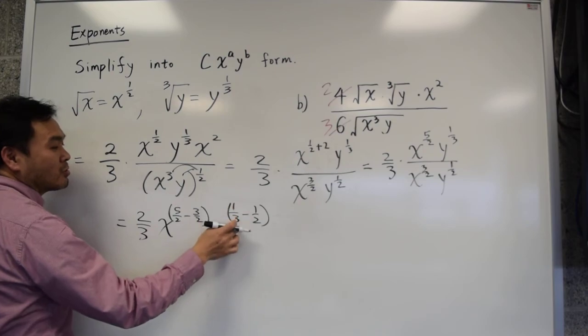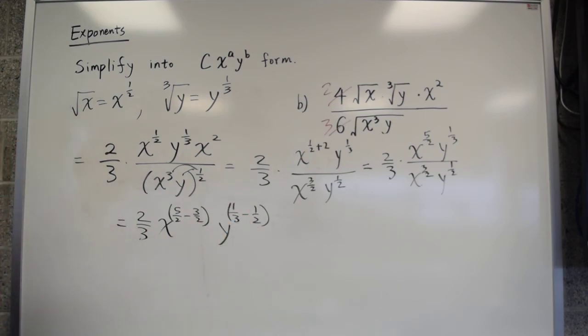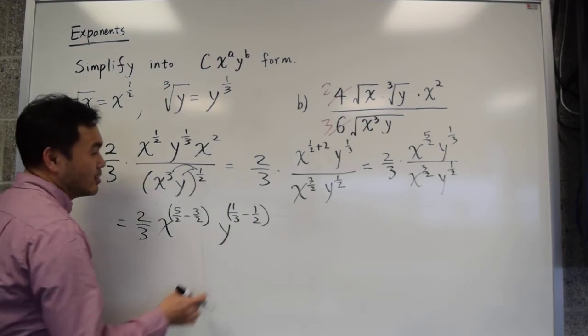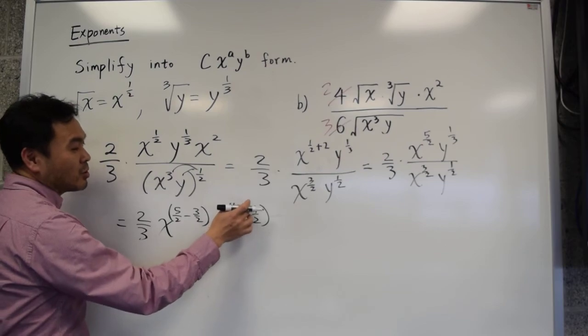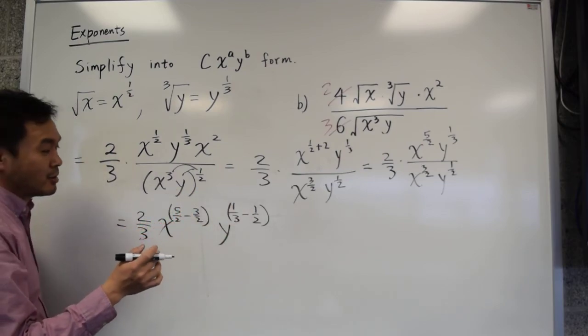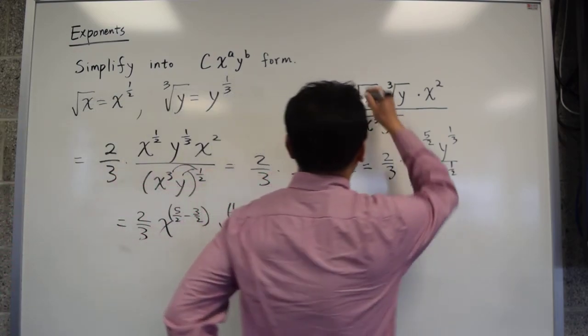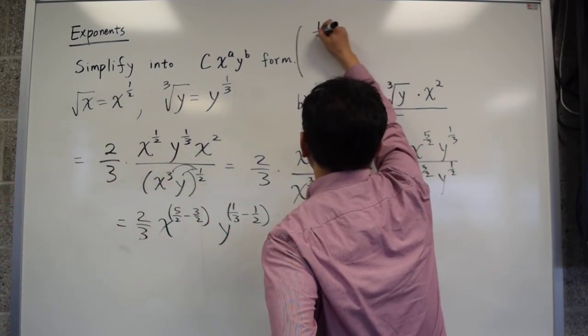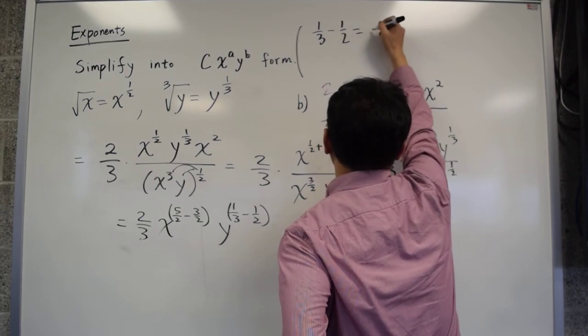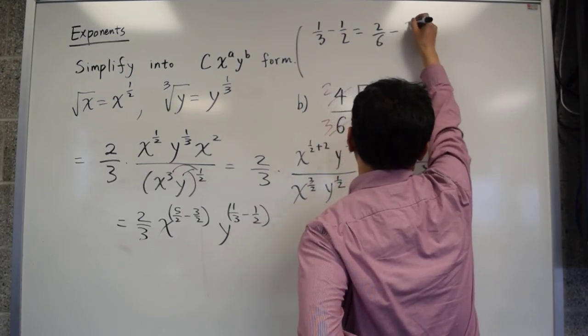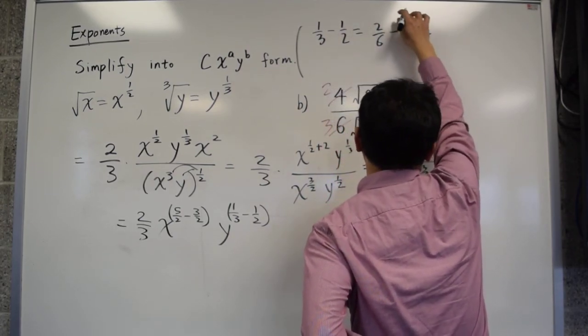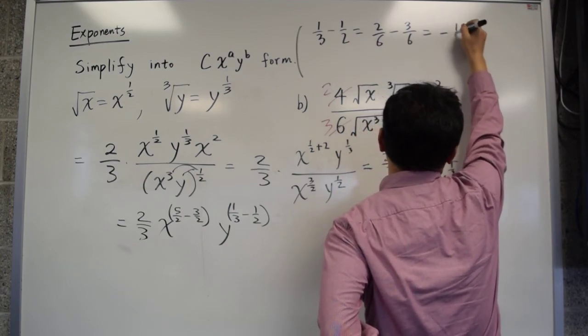This is 2 over 6 minus 3 over 6, right? 1/3 is 2 over 6. 1/2 is 3 over 6. But it's minus, sorry. 1/3 minus 1/2 is 2 over 6 minus 3 over 6. What's 2 minus 3? Negative 1 over 6.